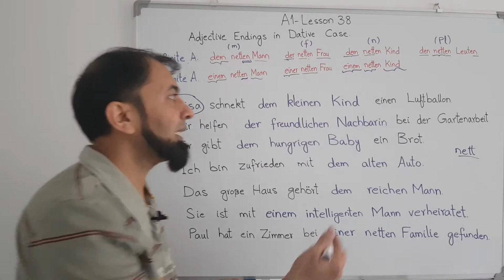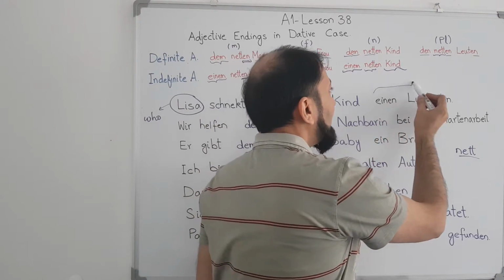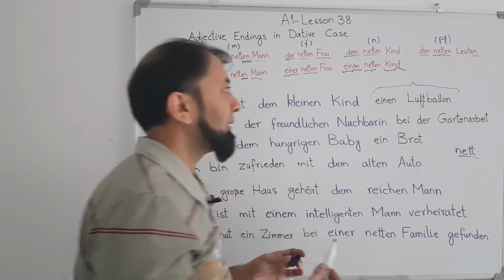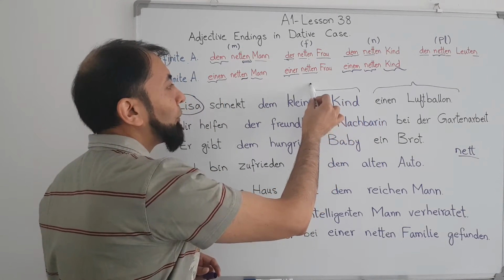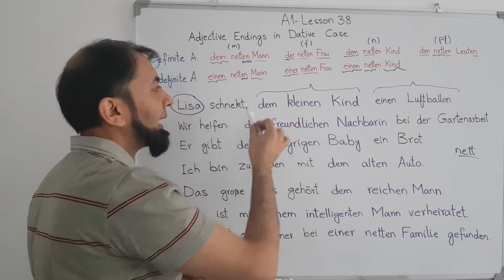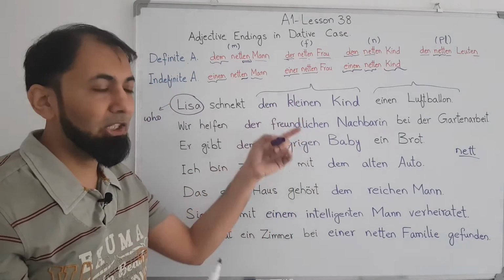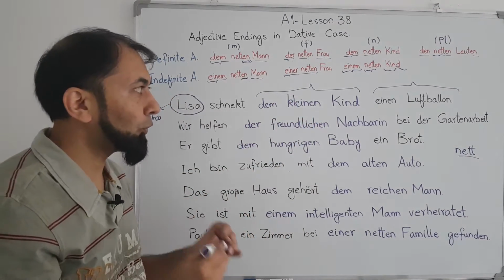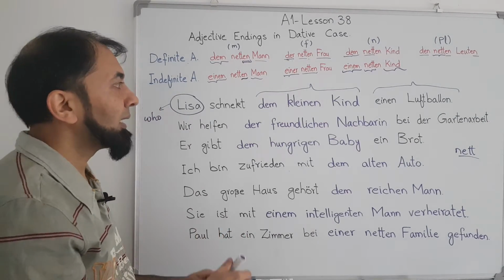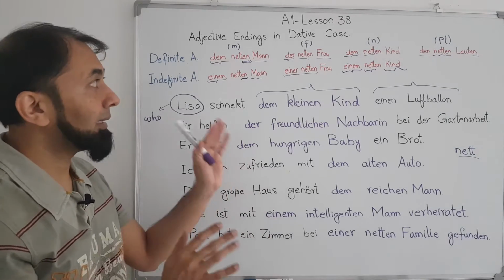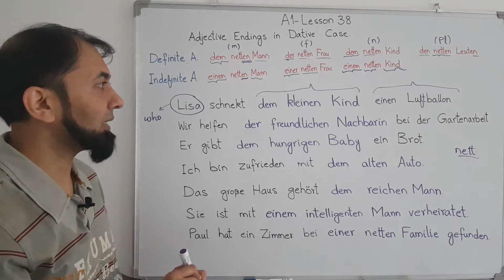What is being given is the accusative case, and to whom it is being given, or for whom the action is being performed, is a small child, and for whom the action is being performed is in the dative case. Therefore we have to use the dative rules for that part of the sentence.